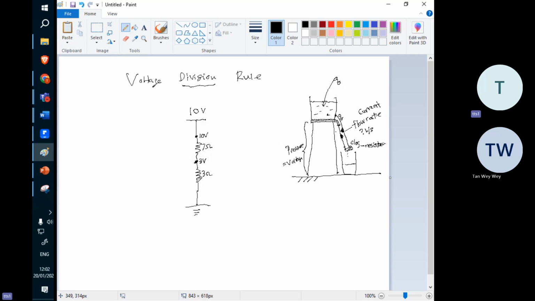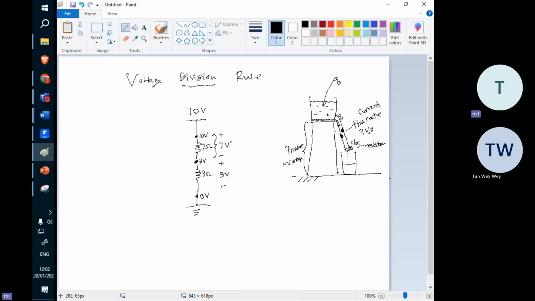And then after the 3 ohm, at this node it is measured as 0 volt. So what it means is 7 volt drops across this 7 ohm. This is called a voltage drop across this 7 ohm. Another voltage is here, 3 volt. 3 volt drops across the 3 ohm.